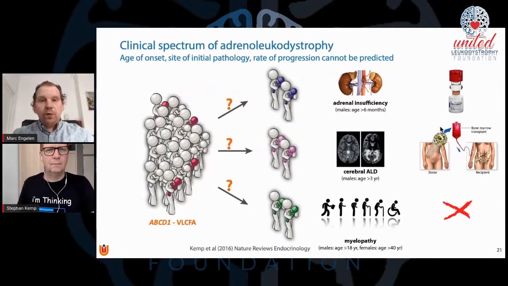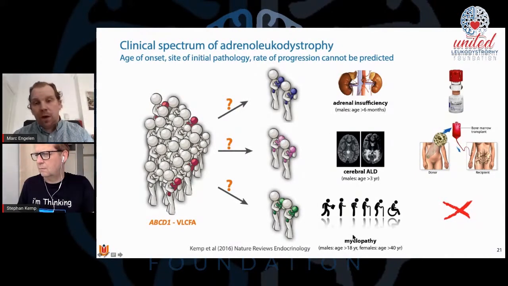So before we go into those new tools, we can summarize what we've just discussed. If you have adrenal leukodystrophy, then you have a mutation in the ABCD1 gene, you accumulate very long chain fatty acids, and the symptoms you can develop will be, well, spinal cord disease in adulthood, highly variable.